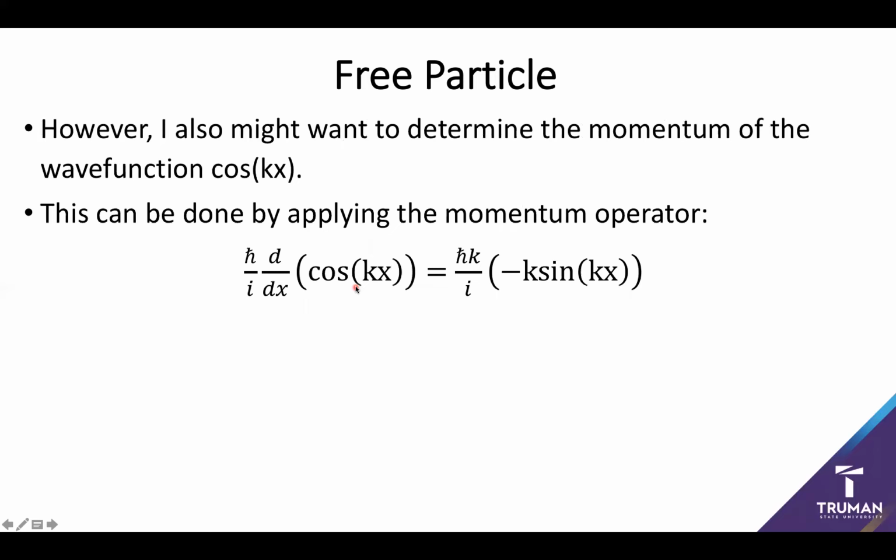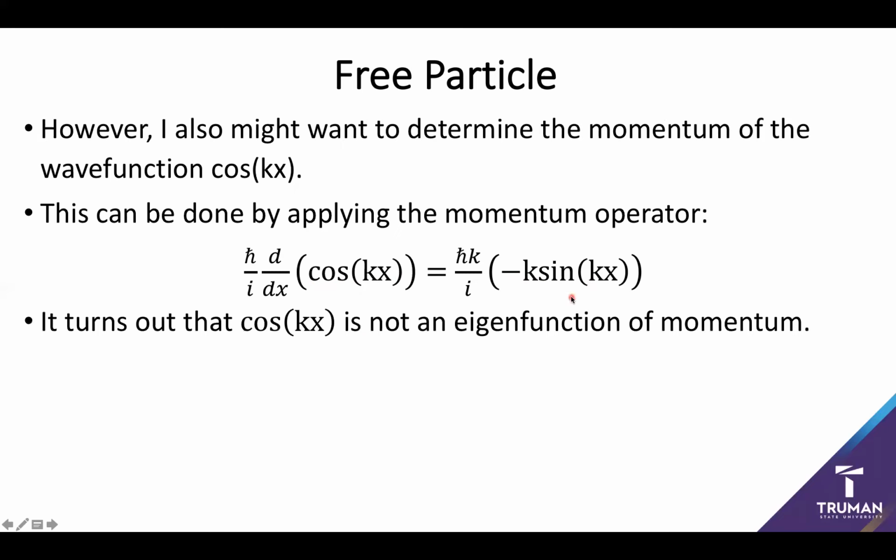And now we run into a little bit of a problem, because when I take the first derivative of cosine kx, I get negative k sine kx. Cosine kx, while it's an eigenfunction of energy, isn't an eigenfunction of momentum. So now we have a slight problem we have to deal with.